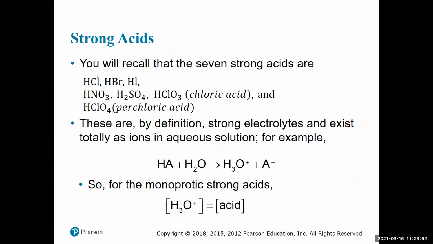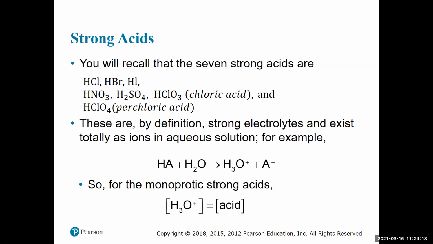All we're saying when we're saying something is a strong acid is that it totally dissociates. When we talk about the weak acids, we'll see that in those cases, the acid doesn't fully dissociate. And what do we mean by dissociation? Dissociation means that the proton has been donated. The proton is no longer with that acid molecule.